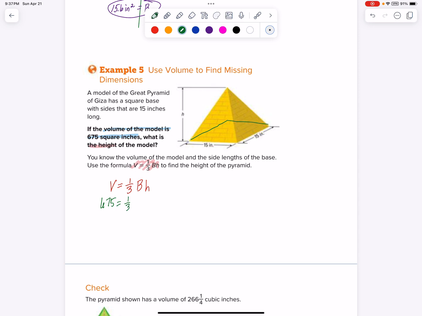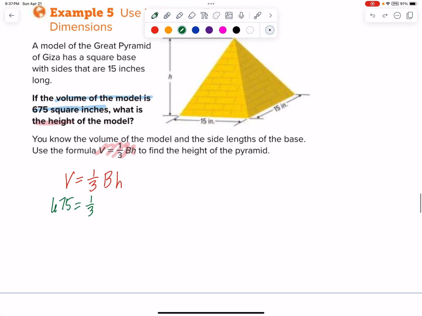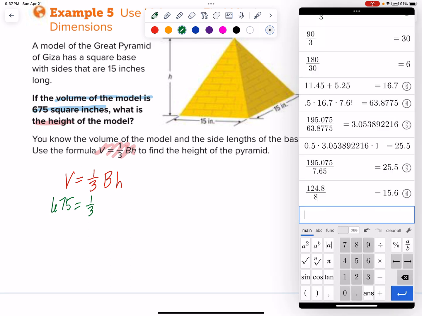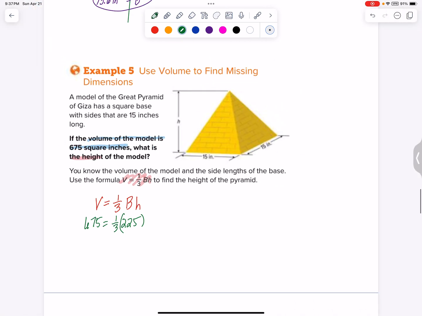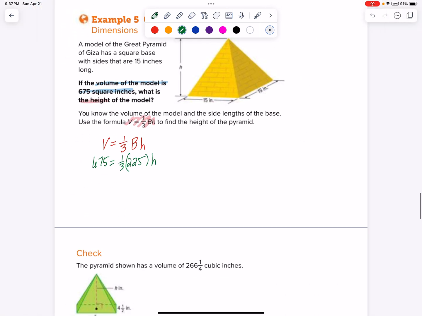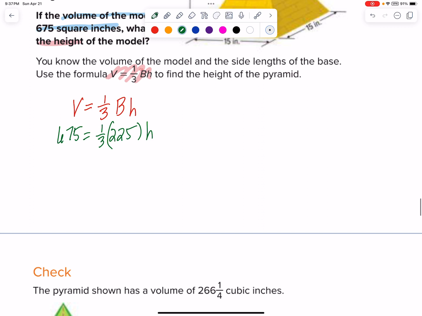A square is length times width, which is 15 times 15. So let's go ahead and do that. And so we have 225 as the area. And then the height is unknown, so we're just going to leave that h.